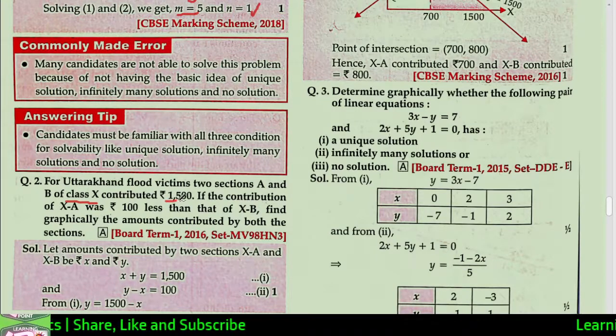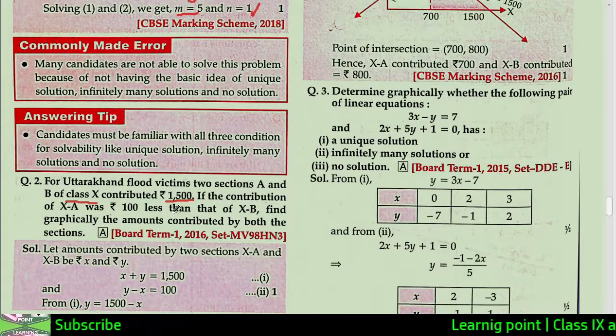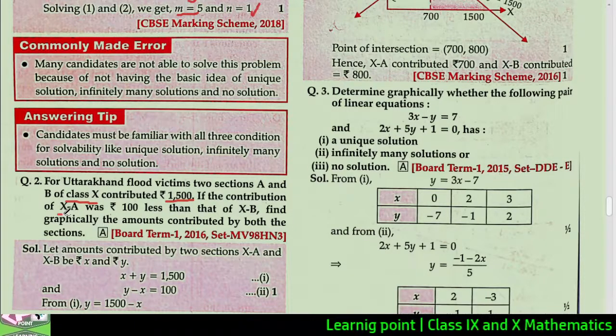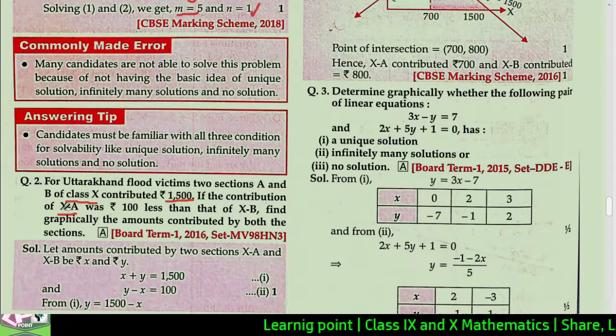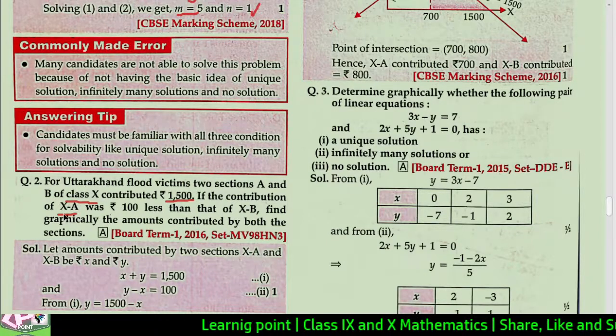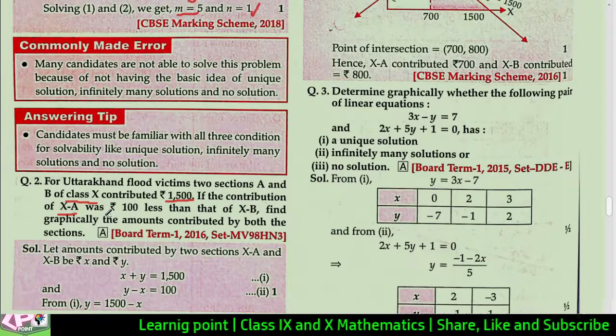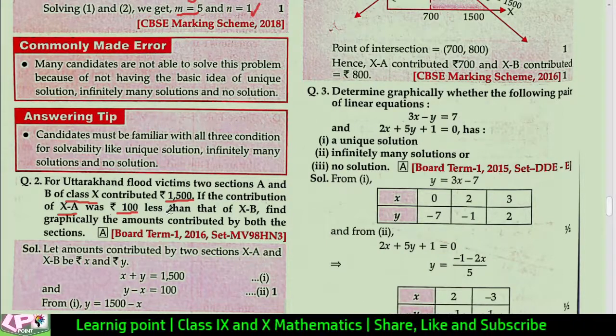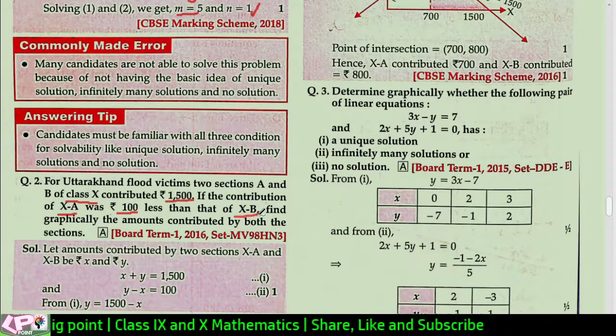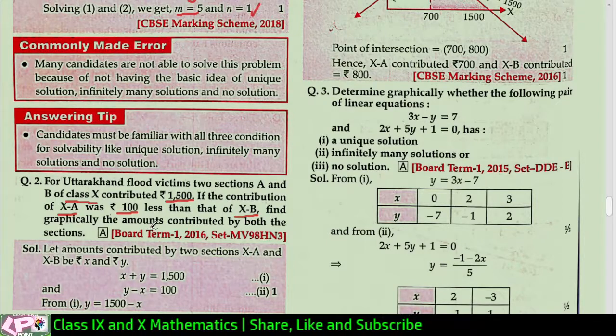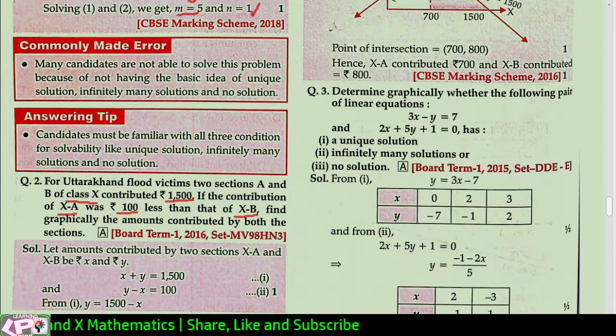The total sum contributed by A plus contributed by B is equal to 1500. The contribution of section A was rupees 100 less than that of section B. Find graphically the amounts contributed by both sections.